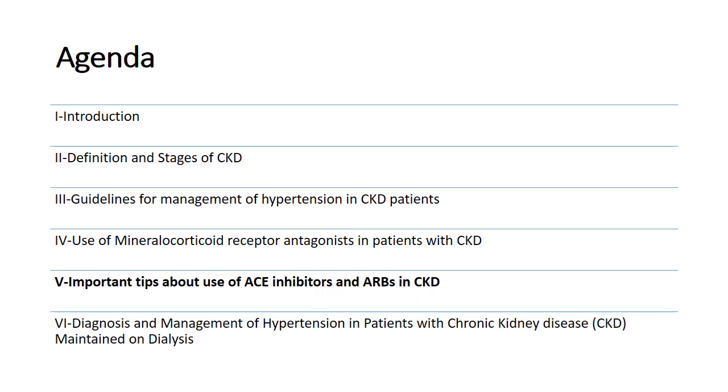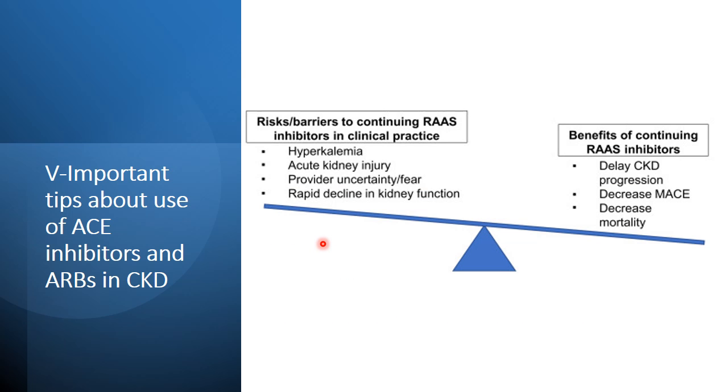What about the use of ACE inhibitors and ARBs in CKD? Before prescribing RAS blockers in patients with chronic kidney disease, you have to balance the risk versus the benefit. The risks or barriers to continuation or initiation of RAS blockers in CKD patients include hyperkalemia, acute kidney injury, uncertainty or fear by the physician, or rapid decline in kidney function.